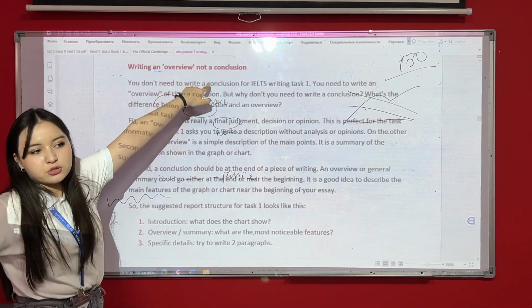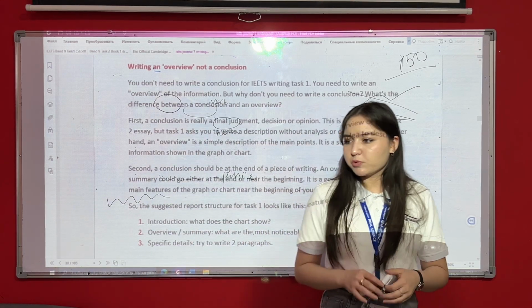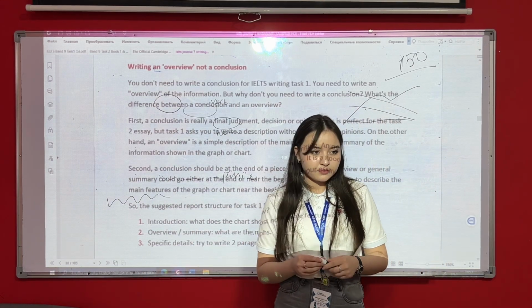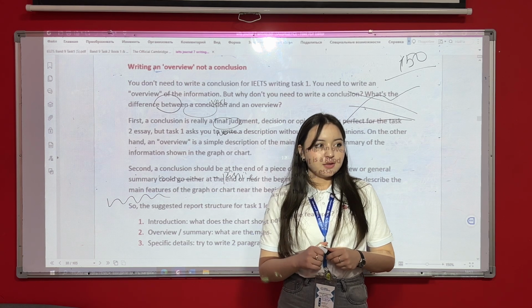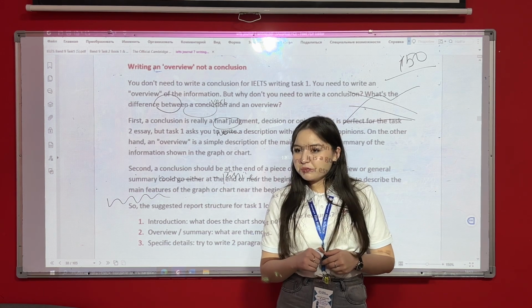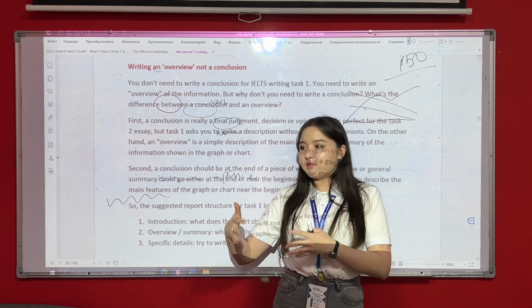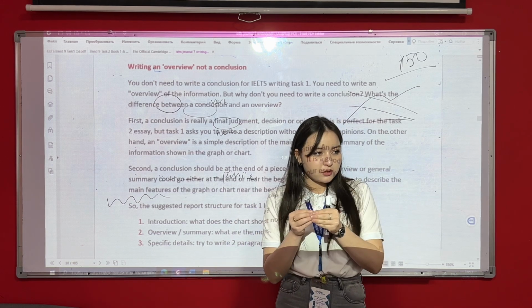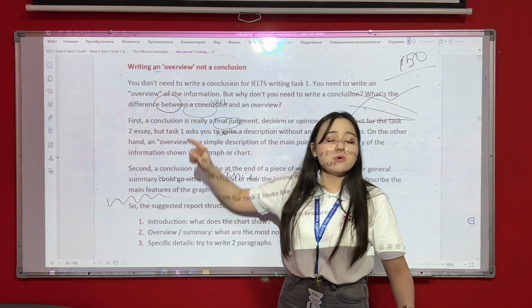It's not a conclusion. What is the difference between conclusion and overview? Can you please tell me? What is a conclusion? A conclusion summarizes information. Before a conclusion you have to have paragraphs, right? So you have to say something very long, and then you make conclusions. You summarize what you have said before, right? But what about an overview?